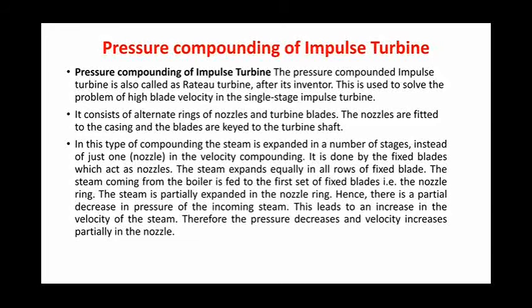The steam coming from the boiler is first passed over the fixed blade, i.e. the nozzle ring. The steam is partially expanded in the nozzle ring, hence there is partial decrease in pressure of the incoming steam. This leads to an increase in the velocity of the steam. Therefore, the pressure decreases and velocity increases partially in the nozzle.